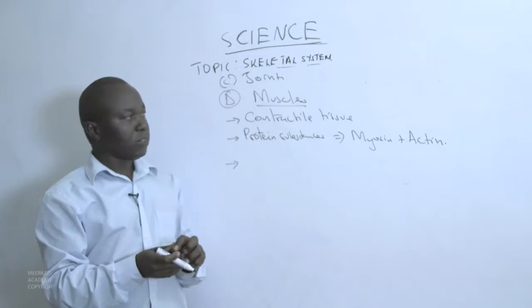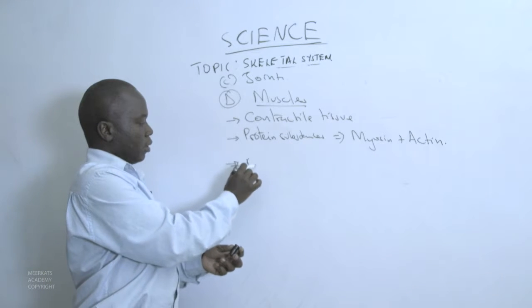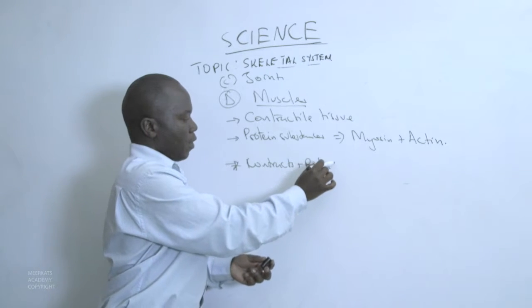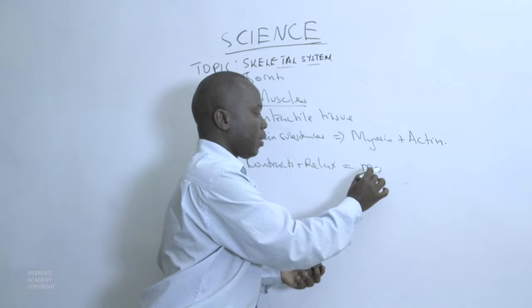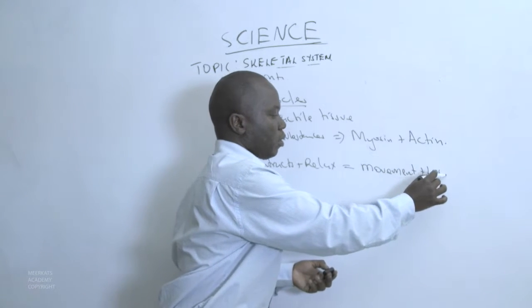So the role of muscles in the skeletal system is to contract and relax so that movement and locomotion can happen.